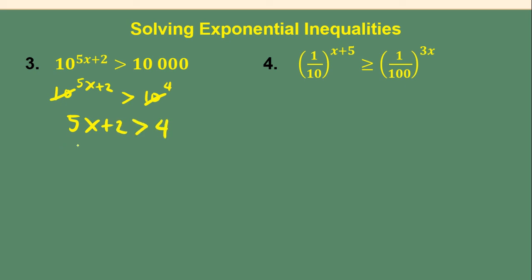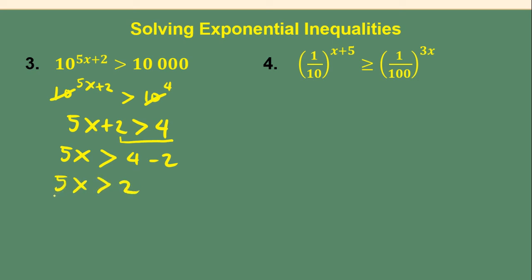And then isolate variables from numbers, or combine like terms. 5x, move 2 to the other side, so greater than 4 minus 2. 5x is greater than 4 minus 2, which is 2.